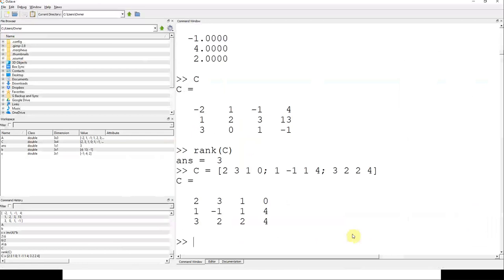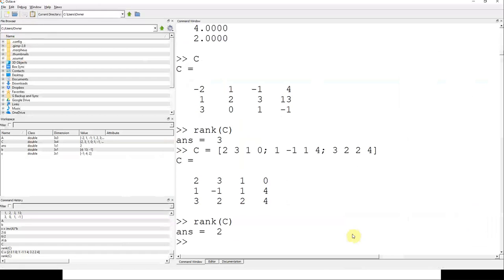So if I say rank C, I get 2. Okay? It actually did Gaussian elimination and saw if you got a row that said 0, 0, 0, 0. So that's an infinite solution case.